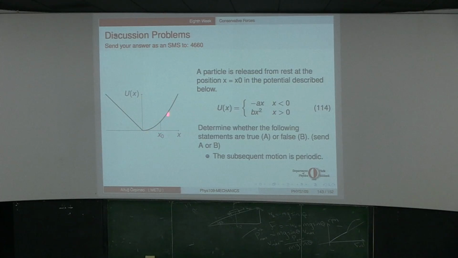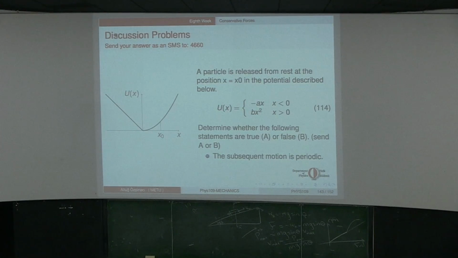Okay, let's study this example, this range. When my system is at positive x, this is the expression for the potential energy. What is the force? It is minus 2bx. If you take the derivative, it is 2bx, and minus the derivative is the force.